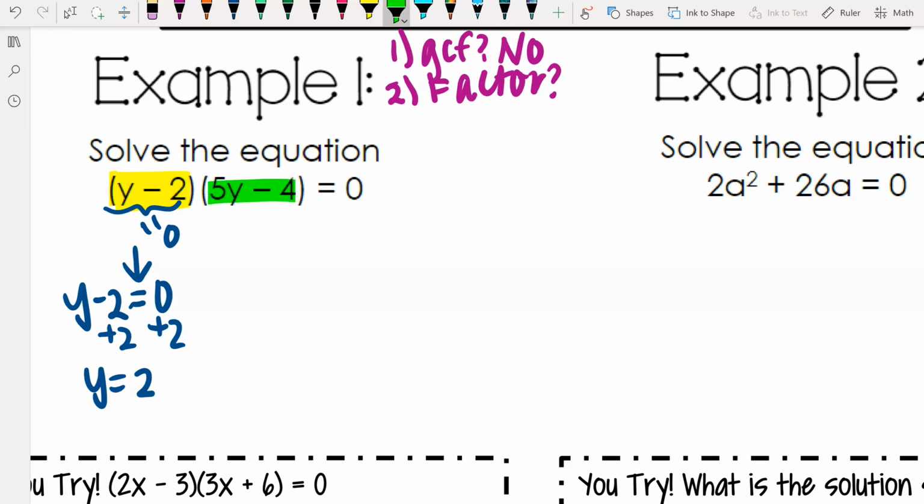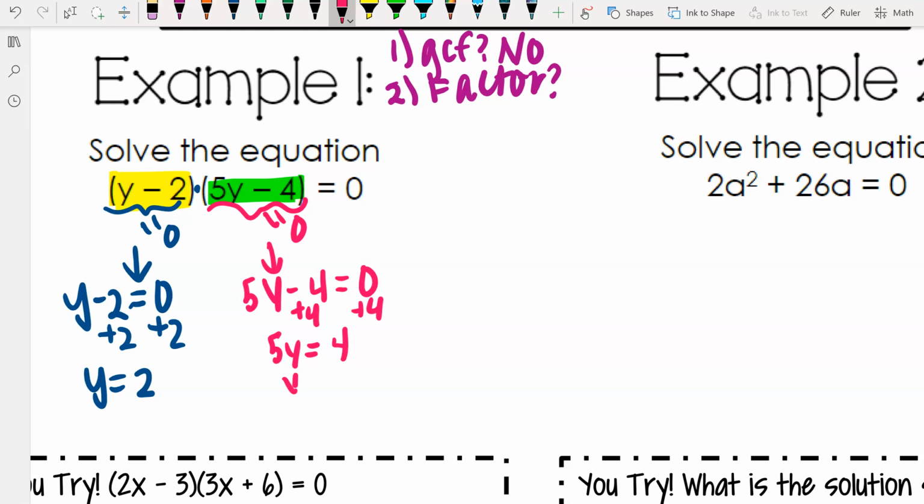So the same idea for the second one, because you do have a product between them, okay? So for this whole setup, what could y equal so that the whole thing is equal to 0? So again, same process. We're going to take 5y minus 4, and we're going to set it equal to 0. Okay, and so we go through our solving equations. So we should be able to, at this point in the year, be able to solve a two-step equation.